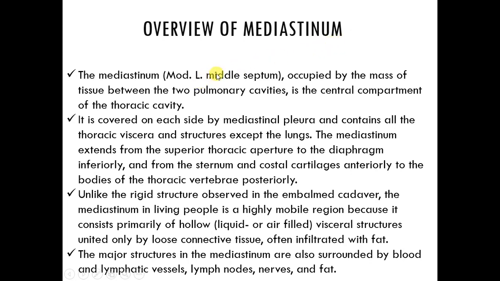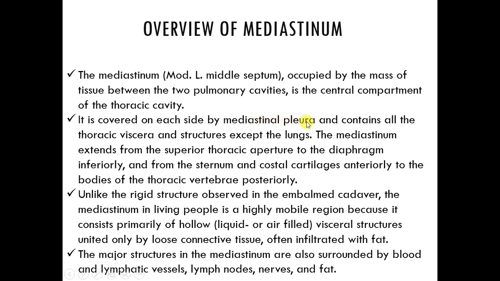It's a Latin word which means middle septum, and it is occupied by the mass of tissue between the two pleural cavities or pulmonary cavities. It's a central compartment, and it is covered on each side by the mediastinal pleura.